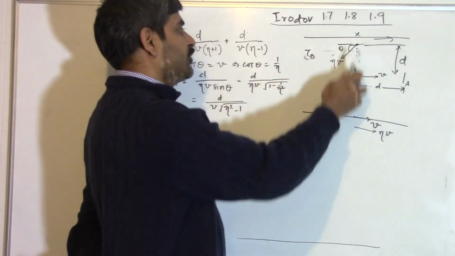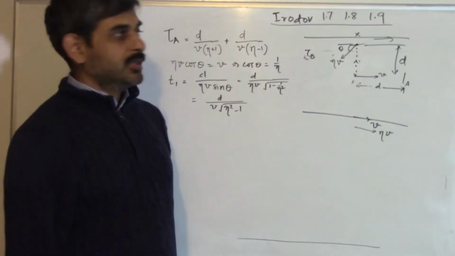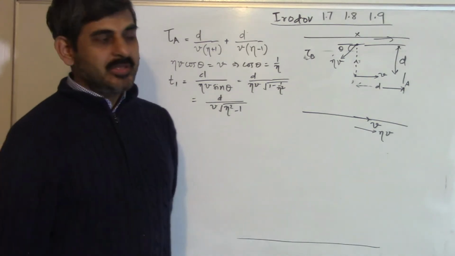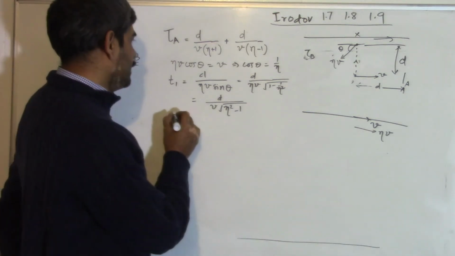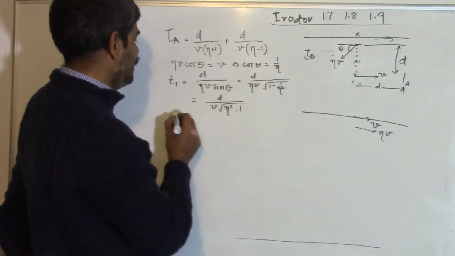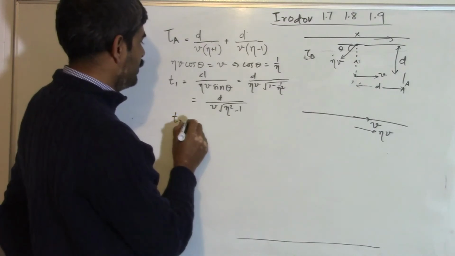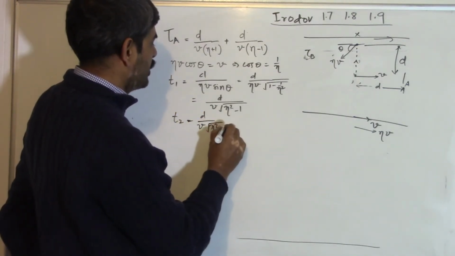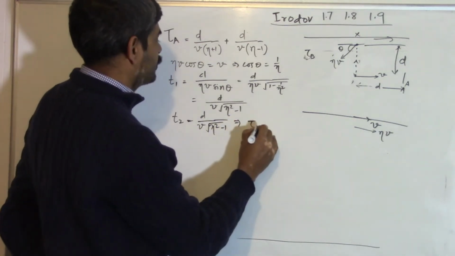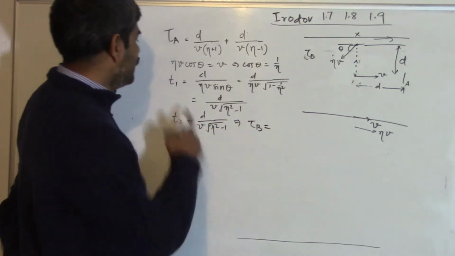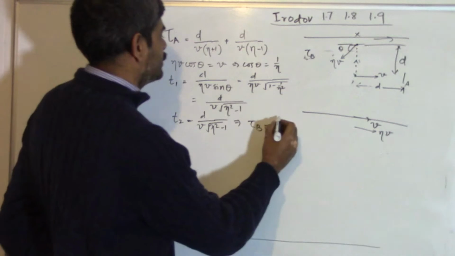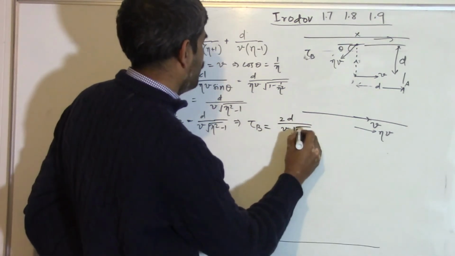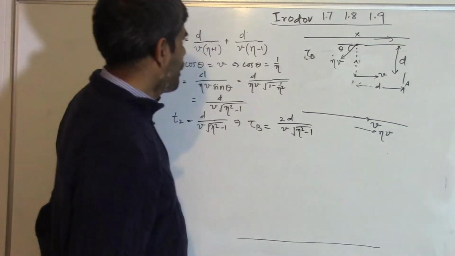From the point of view of reaching exactly opposite, this direction or this direction is symmetrical, which means the time taken T2 in returning will be the same as T1. I can write T2 is equal to d upon v square root of η squared minus 1. This implies τB will be T1 plus T2, twice this, 2d divided by v into the square root of η squared minus 1.